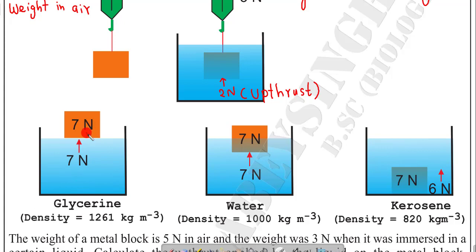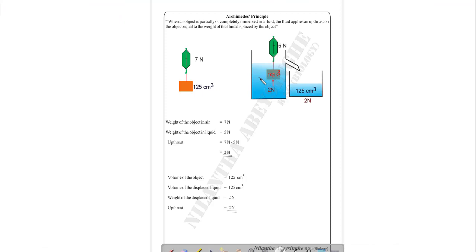When the water density is less than the density of the glycerin, in that case the object is partially sunken. If another liquid is less dense than water, it is completely sunken. Here this kerosene is very low, so it is unable to apply a good upthrust. And some questions we have also done.